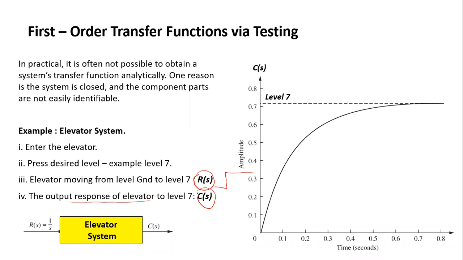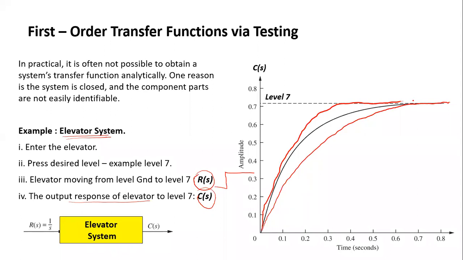The elevator is one good example of a first order system. If I use the elevator to the left, it gives me a very sluggish response. It goes to level 7, but a little bit slower. If I use another one, it might go faster and reach the desired level.